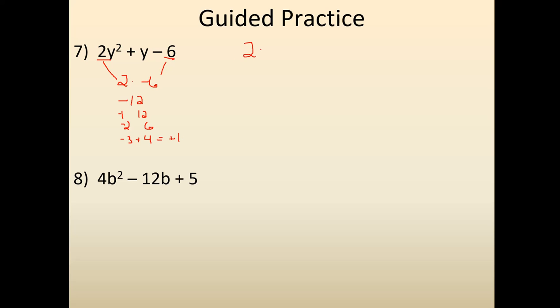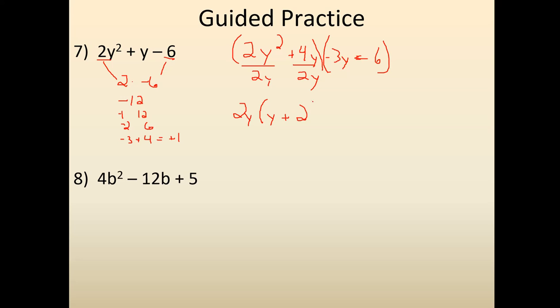So rewriting the equation, 2y squared plus 4y minus 3y minus 6. Group the first two, group the last two. Over here, I could divide out a 2y, that's my greatest common factor. So what I'm left with is a y plus 2.